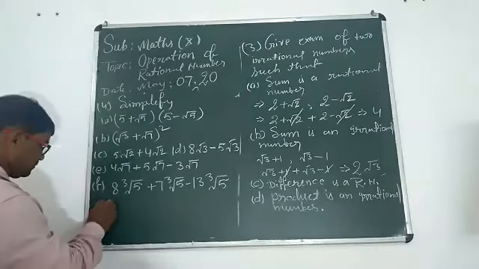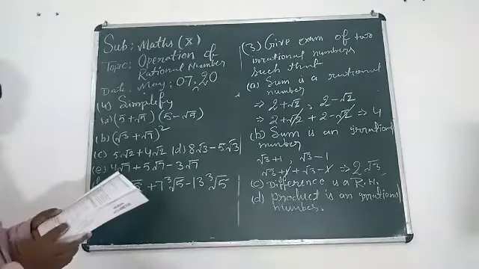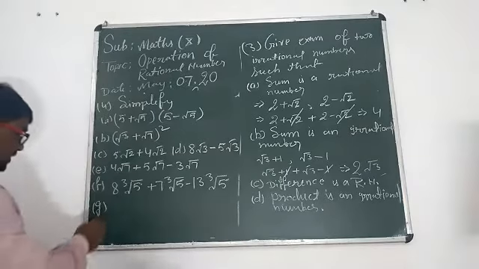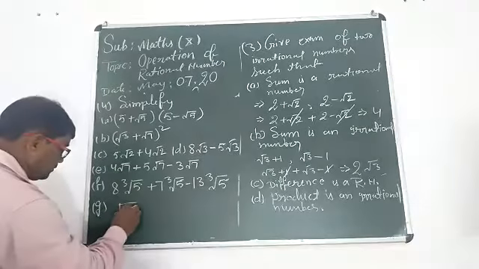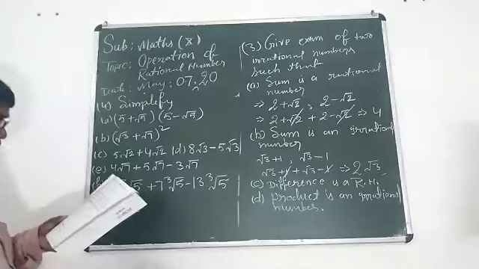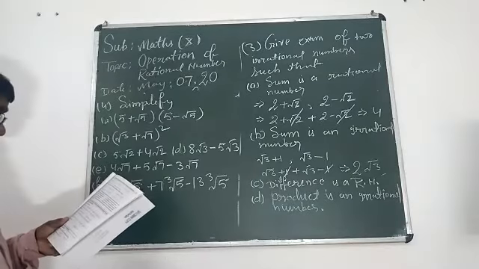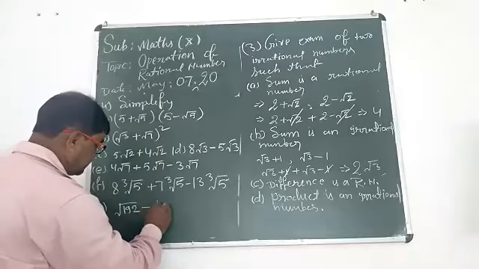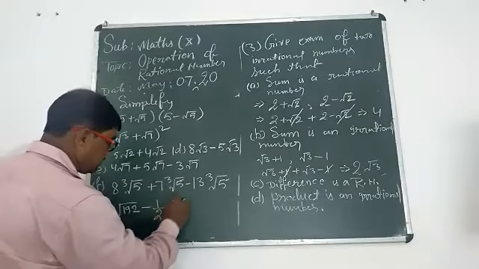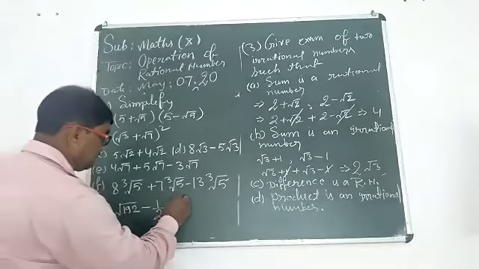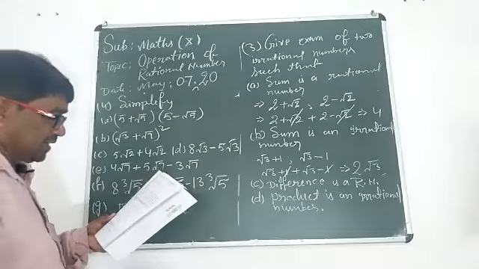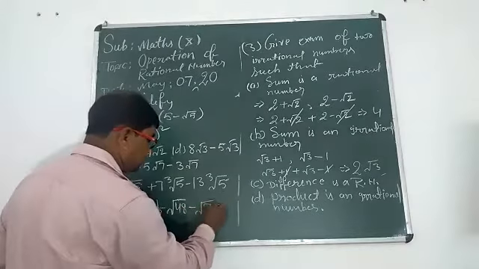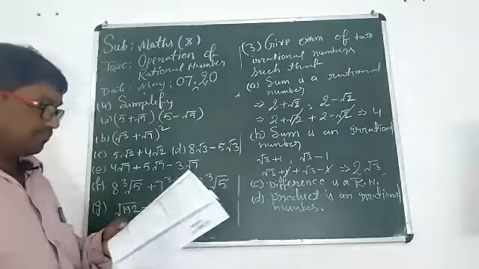G, under root 192 minus 1 upon 2 under root 48 minus under root 75. Okay?